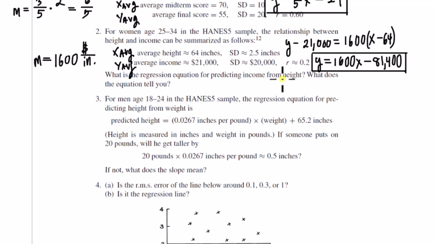All right, now what does the equation tell you? Well, okay, we talked about how deep you can look into a regression line is going to depend on if it's coming from an observational study or a controlled experiment. And if it's a controlled experiment, well, then how well is the control? So really, in essence, what that's asking is, are there confounding variables?